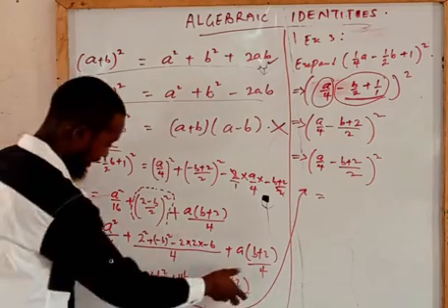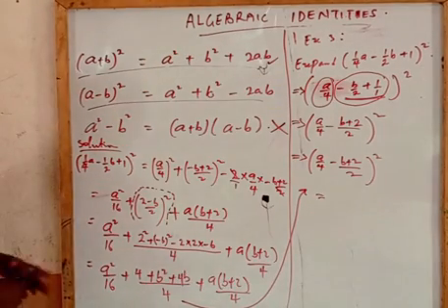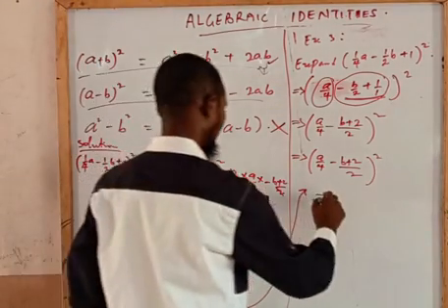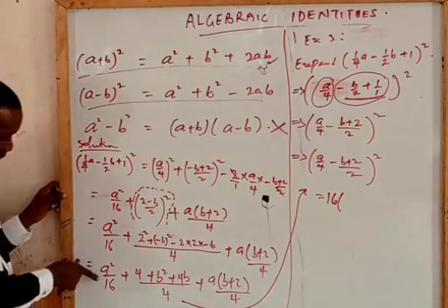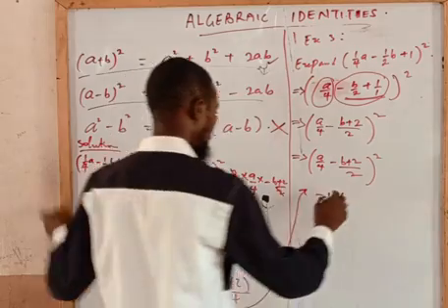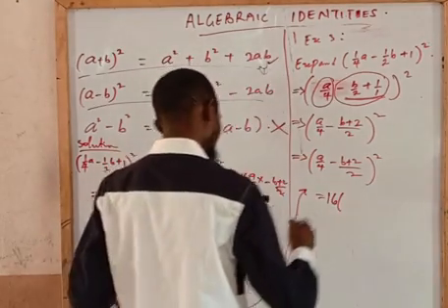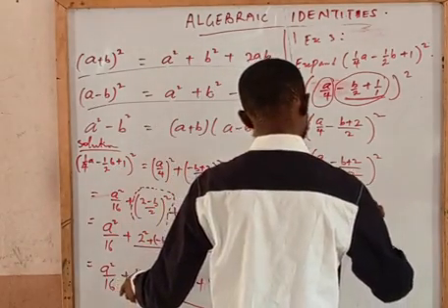The LCM here is 16, so this thing is equal to 16 into, and this place will now become a squared.